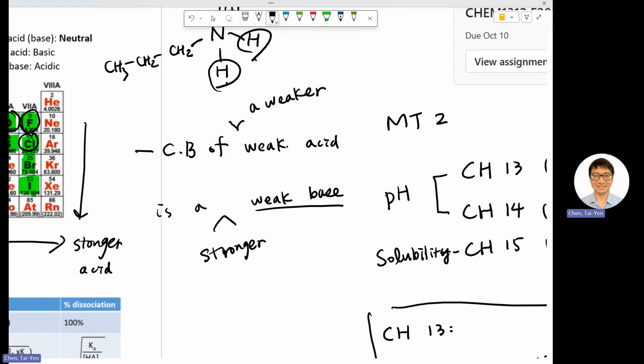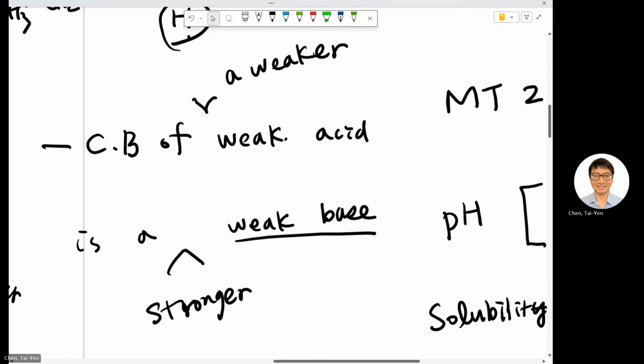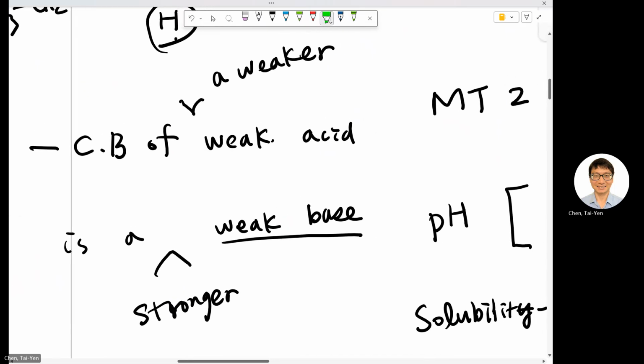It's better to just read it so that I don't make a mistake. The conjugate base of a weak acid is going to be a weak base.